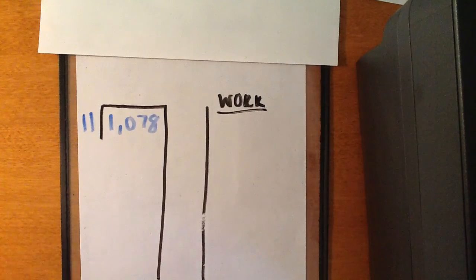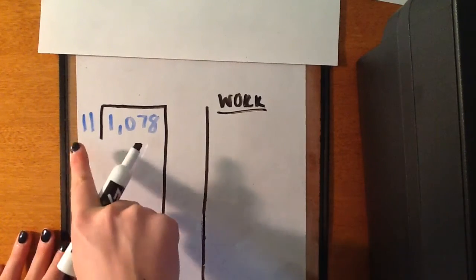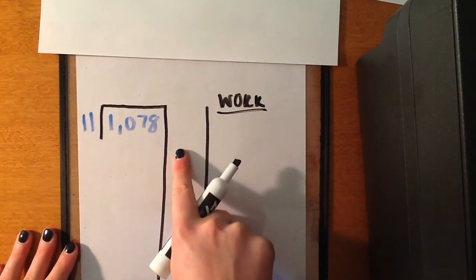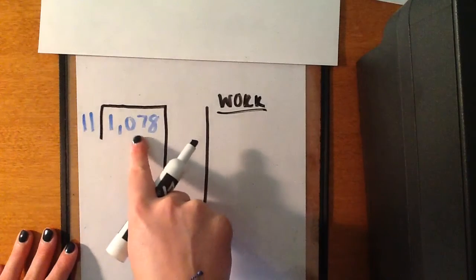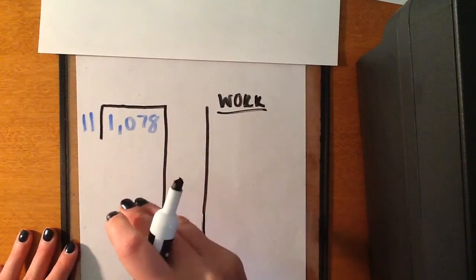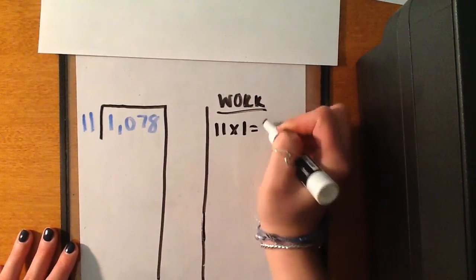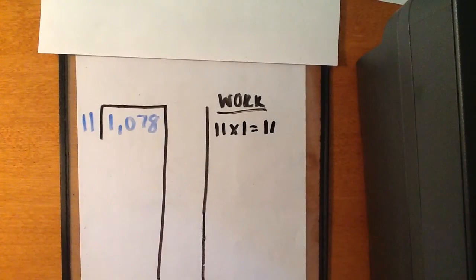So now all you have to do is figure out, all right, 11 times what is close to or equal to 1,078? I always like to start small, and then I work my way up. So I always go, all right, 11 times 1. That's 11. I know that fact. It's easy.